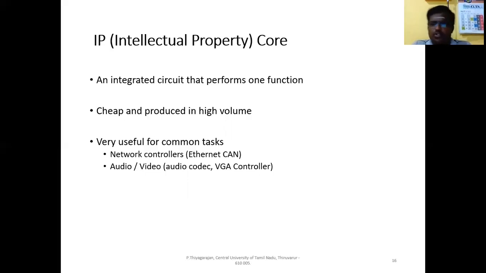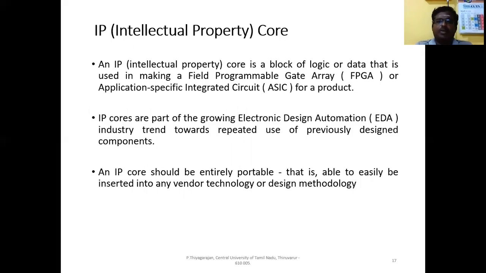This microcontroller has to be very, very cheap. We cannot expect a high-end cost for a microcontroller. It is generally used for common tasks like network controller, Ethernet connection, and audio and video controller. All these things are performed by this IP core.